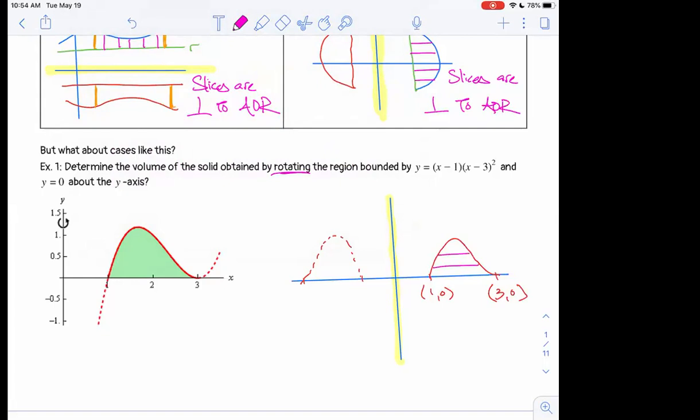Well, what's our problem with these pink lines right here? They don't touch y equals 0. That's okay, because that just means there's a hole. But there's another problem here.